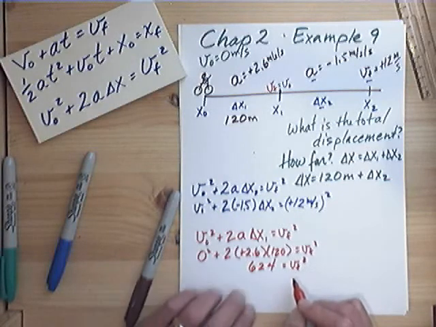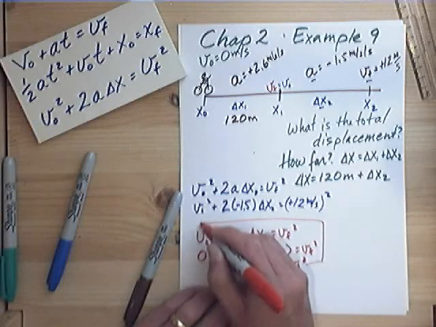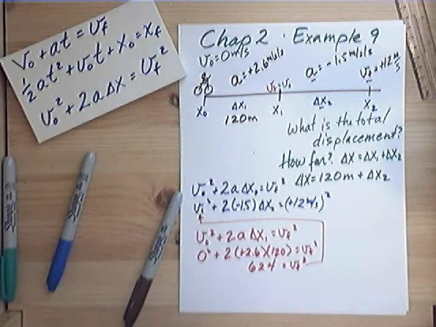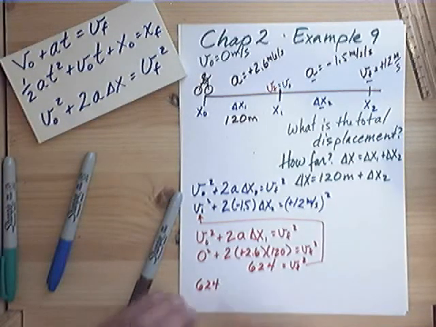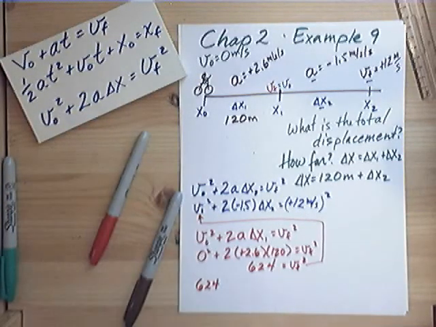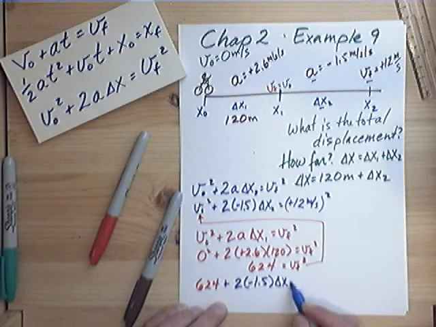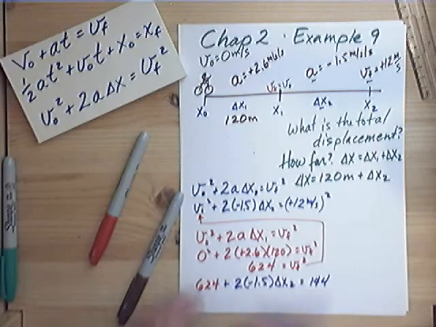I could take the square root of it, but I'm going to plug it back in here where I'm going to square it anyway. So now this becomes 624 plus 2 times negative 1.5 delta x2. 12 squared is 144. I'm now going to turn this one blue.